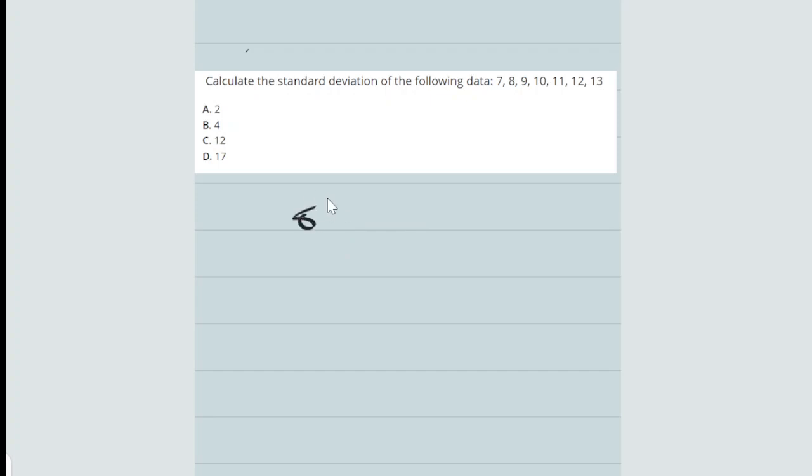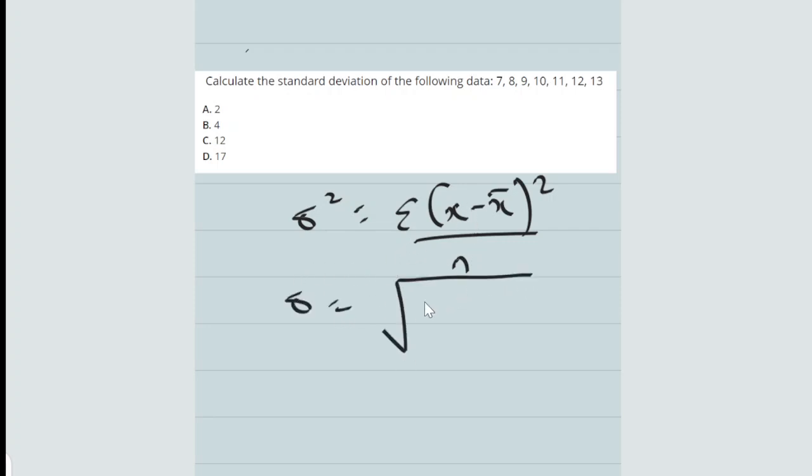And the variance, which is denoted by sigma squared, is summation of x minus x bar, everything squared, divided by n. So your standard deviation, which is sigma, is the square root of summation of x minus x bar, everything squared, divided by n.